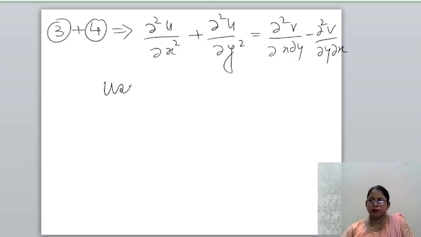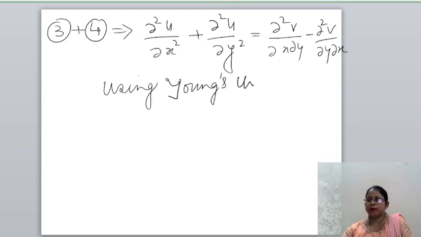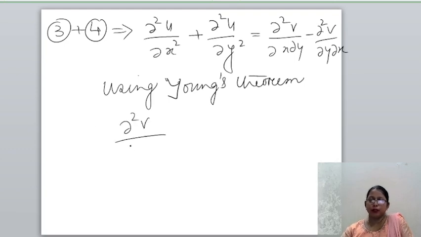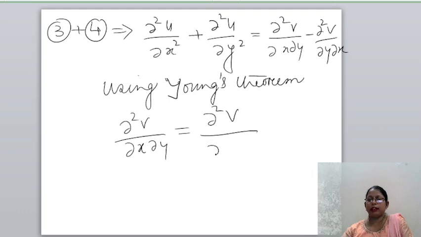Using Young's theorem, that is, if v possesses continuous partial derivatives of first order and second order, then del 2v del x del y is equal to del 2v del y del x.